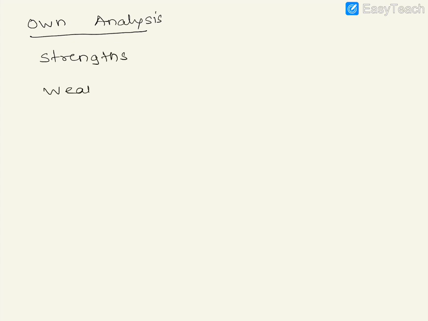For example, some students might find physics difficult, and within physics, he or she might find mechanics difficult. Then that topic he should concentrate on more and get the concepts clear. They should work on the weaker areas. How do you get the analysis? From the mock exams, from the mock tests.